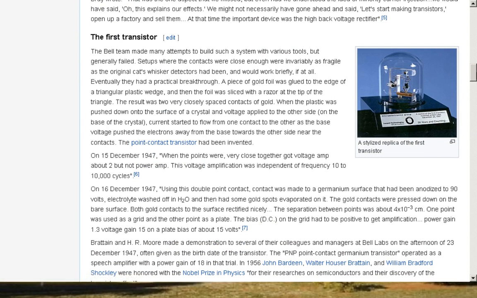It's a vacuum tube. Oh yeah, they didn't have that. They had vacuum tubes first, didn't they? That was the predecessor before the solid state transistor.